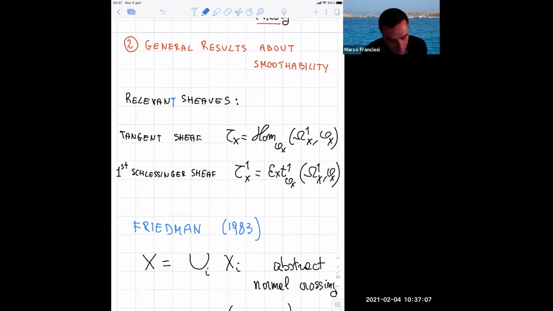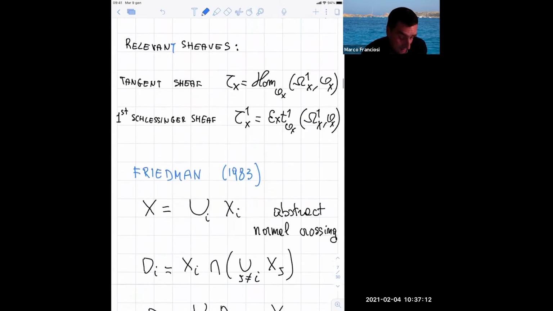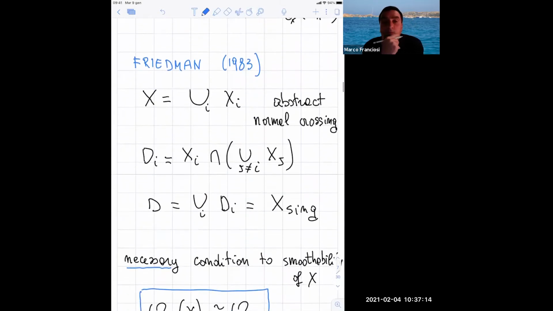The starting point of this analysis is the result of Friedman from 1983. And Mark Green talked about Friedman's necessary condition in his talk.